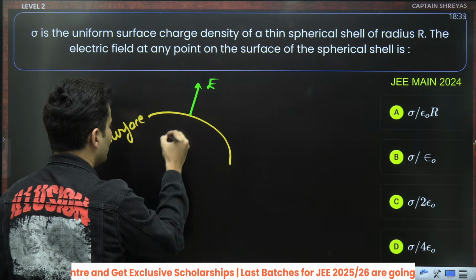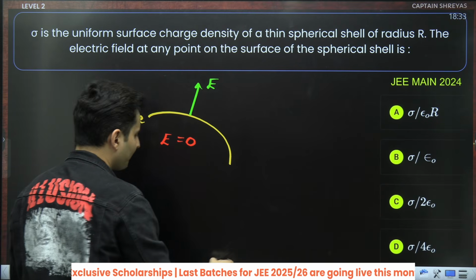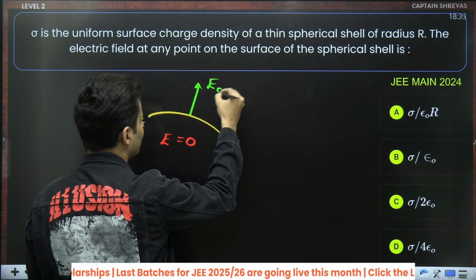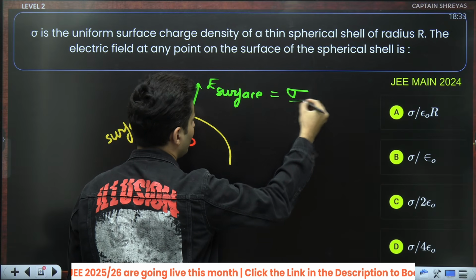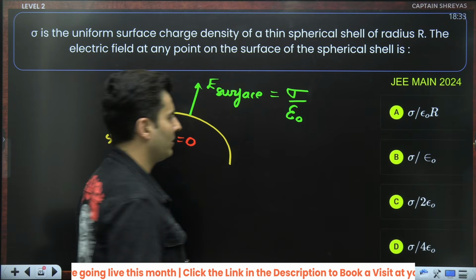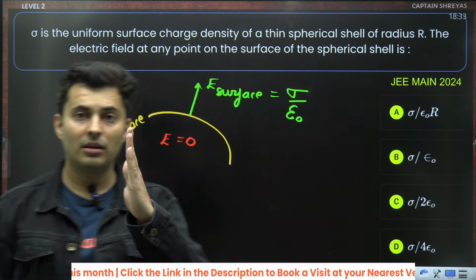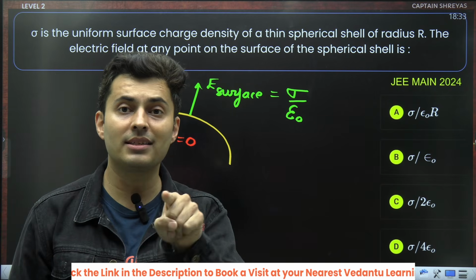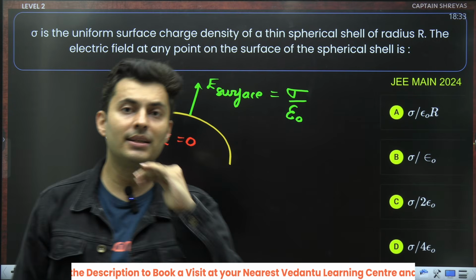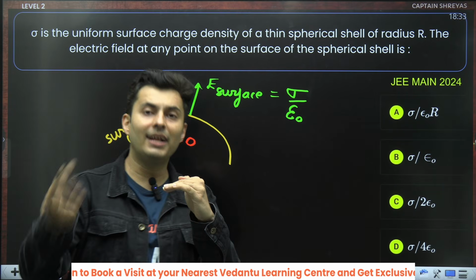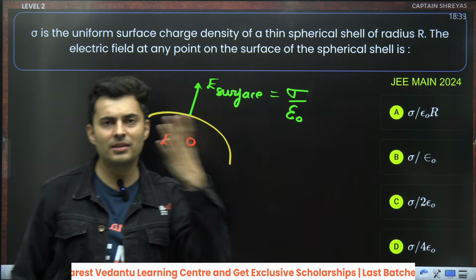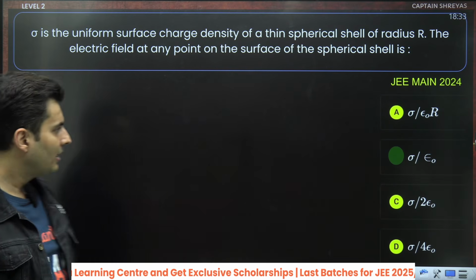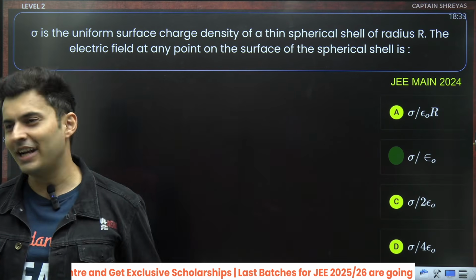Inside the shell, electric field will be 0, and anywhere on the surface of a conductor, the electric field formula is sigma by epsilon naught. When you take a sheet, the field goes both ways, then it is sigma by 2 epsilon. When it's a conductor, the field goes on one side, so there is no 2 in that expression. So it is just sigma by epsilon naught, which is there as option number B for IIT Bombay.